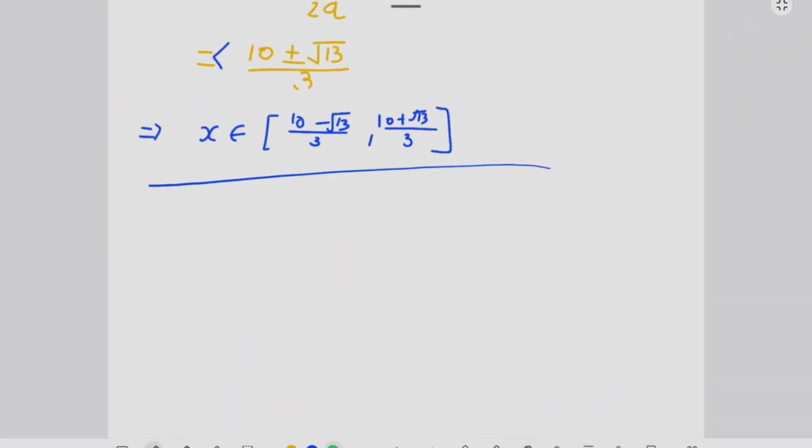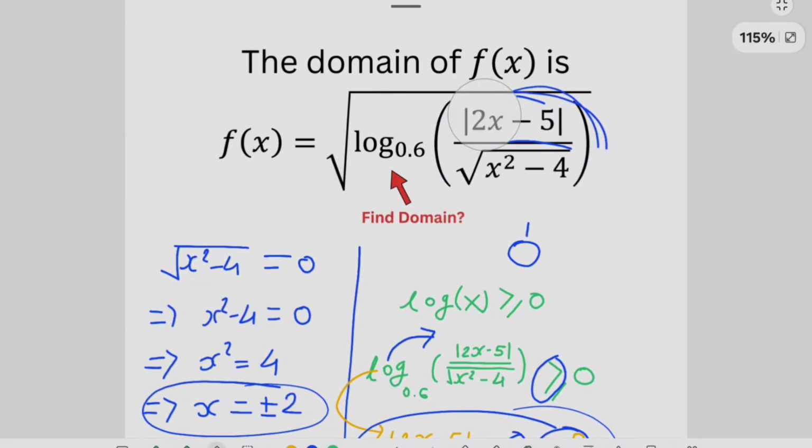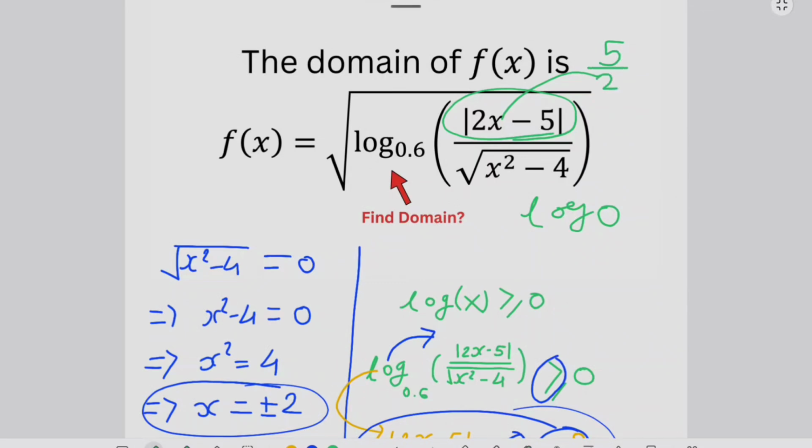And the last condition, we have to check also, that we know log 0 is undefined. So we have to check where mod 2x minus 5 becomes 0. So we can clearly see that if we put x is equal to 5 by 2, then it will become 0.